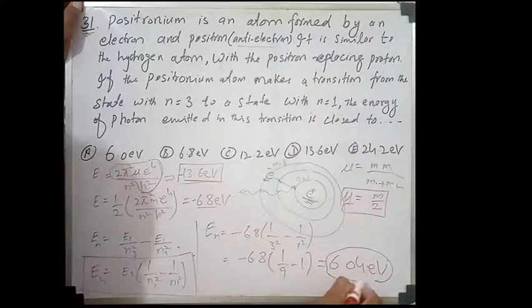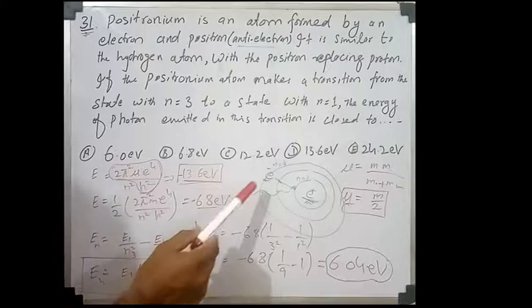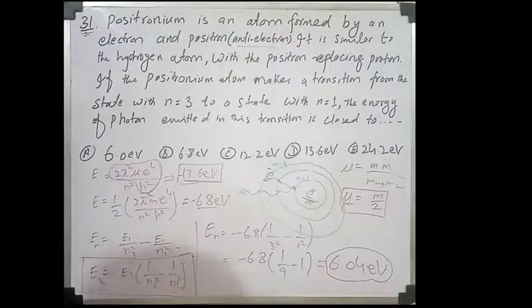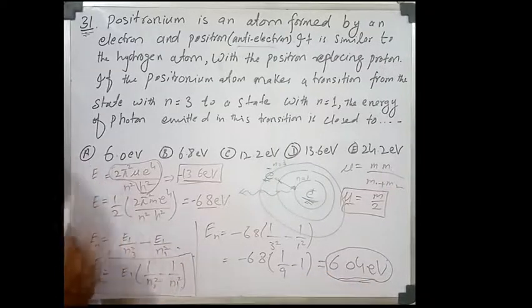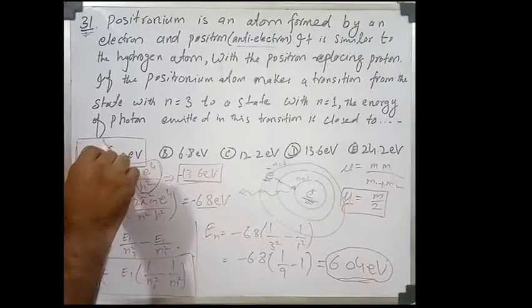This is the energy which this positronium atom will radiate when its electron jumps from n3 to n1. So this is close to option A, which is 6 electron volt. So option A is our right option.